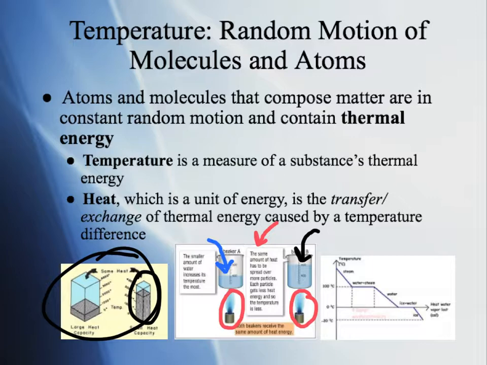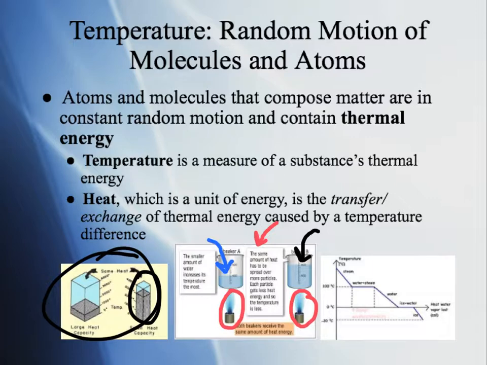That heat exchange is the same, but the temperature of the metal versus the water is going to be different. The temperature of the metal is going to rise more quickly than the temperature of the water. Again, why? Because different matter has different properties because of the atoms and molecules that it's made from.